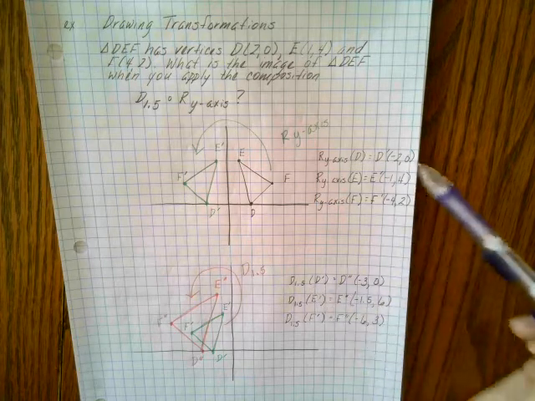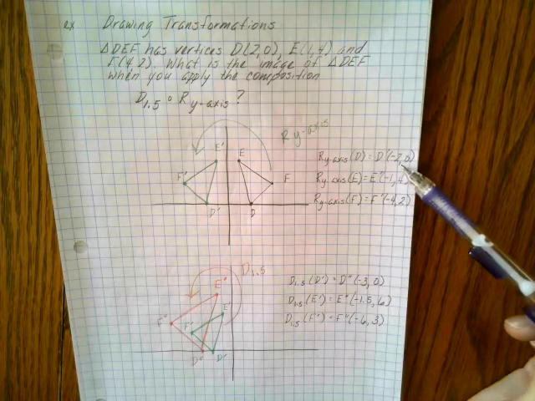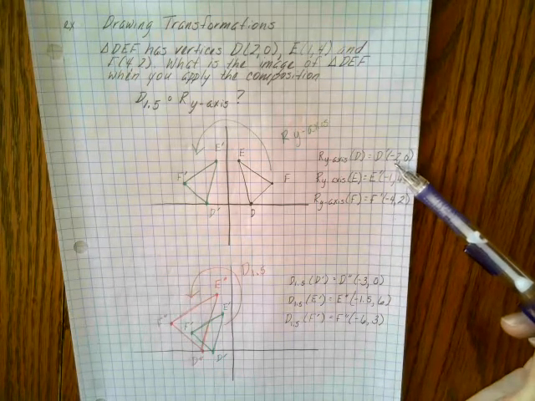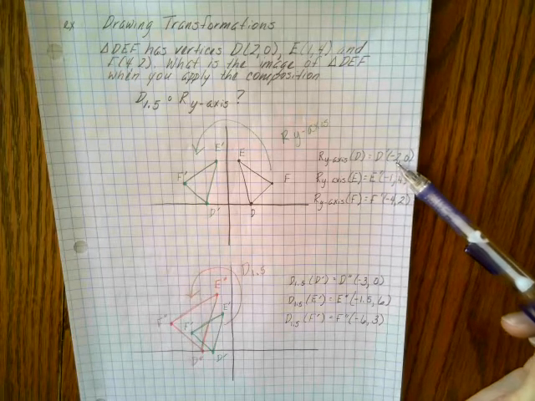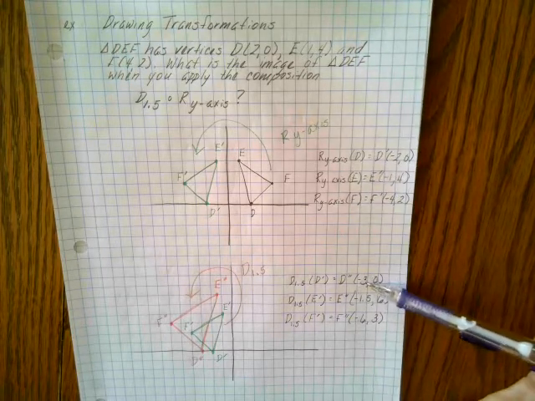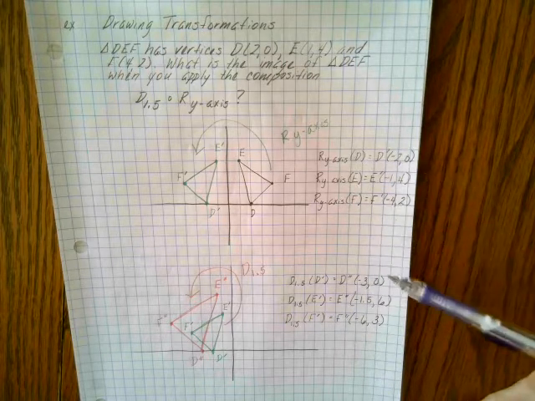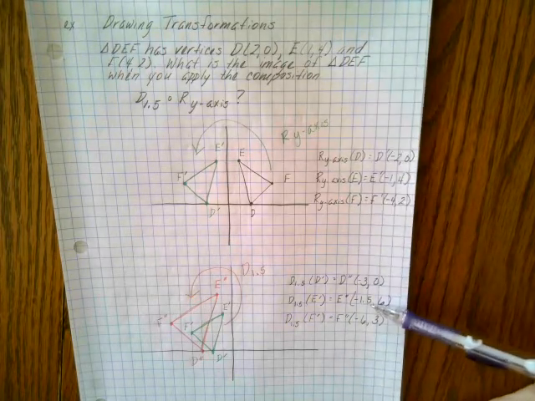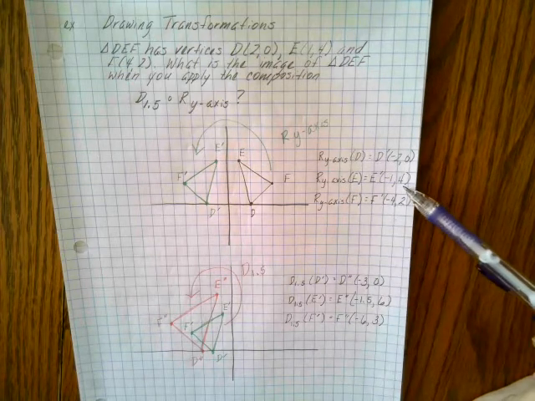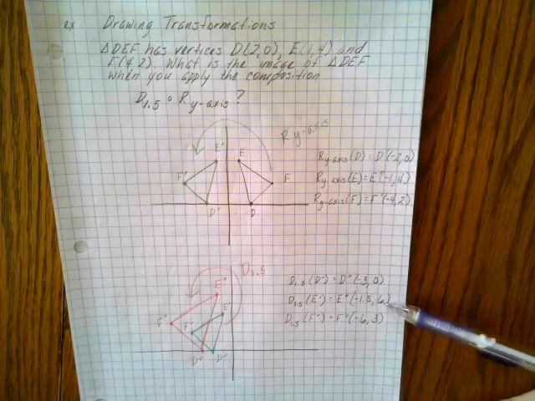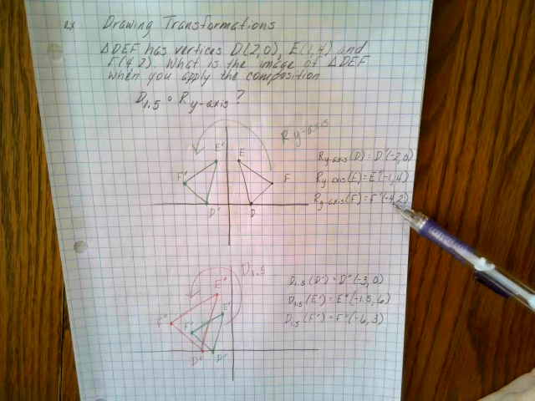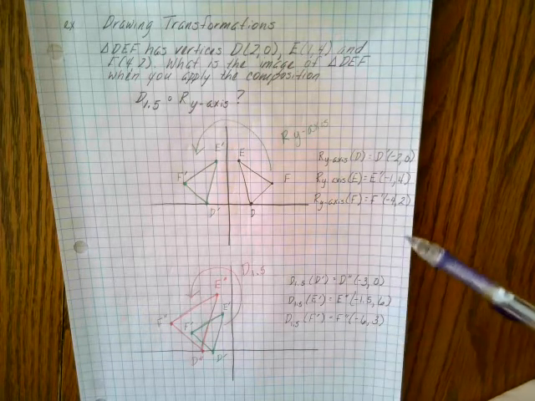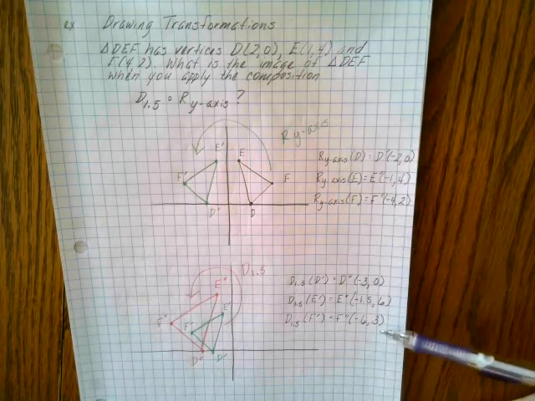So I'm going to take D prime, E prime, and F prime, and I'm going to multiply each one by 1.5. So -2 times 1.5 is -3, and 0 times 1.5 is 0. -1 times 1.5 is -1.5. 4 times 1.5 is 6. -4 times 1.5 is -6. And 2 times 1.5 is 3.